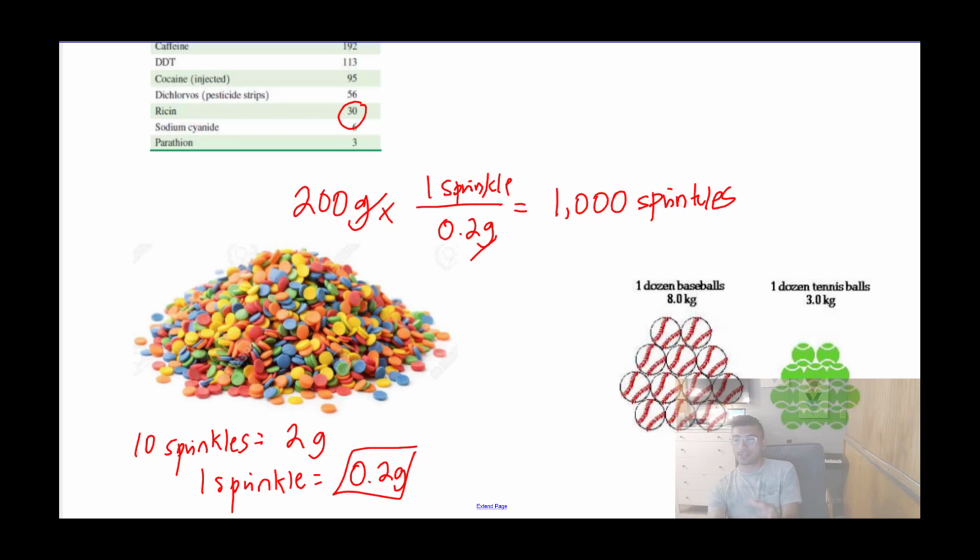But each one has a different mass. So of course, 1 dozen baseballs is going to have a different mass than 1 dozen tennis balls.